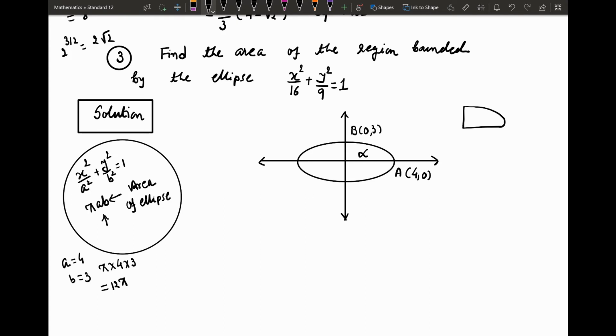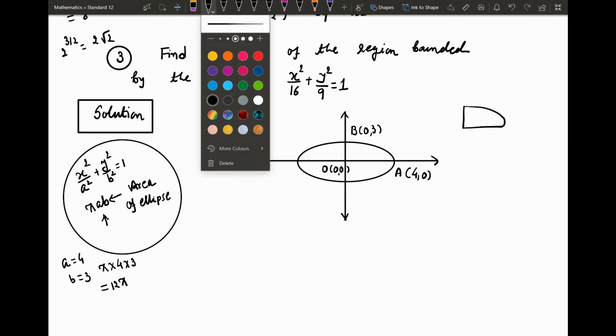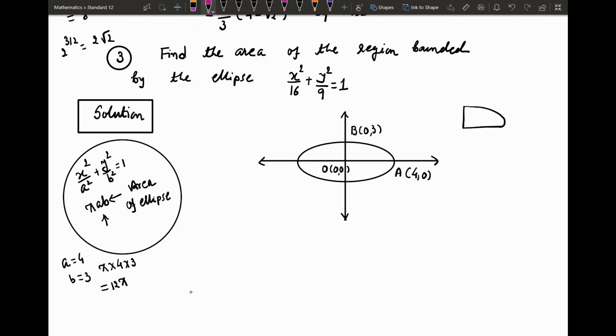Here the origin is 0, 0. Now to find the area of alpha, we will find the area of this portion.